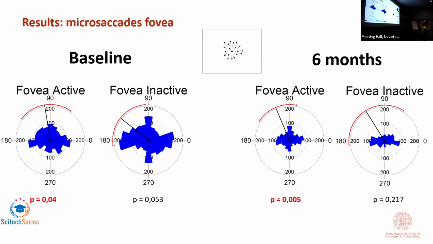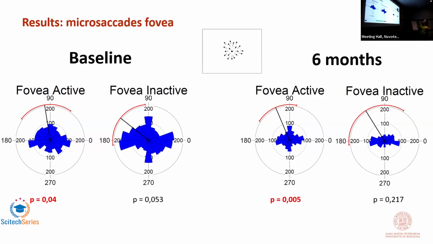Results for the foveal stimulus at baseline: active people were significant, while inactive people were not. You see, it looks like they were very curious, and they tended to explore in a general way.